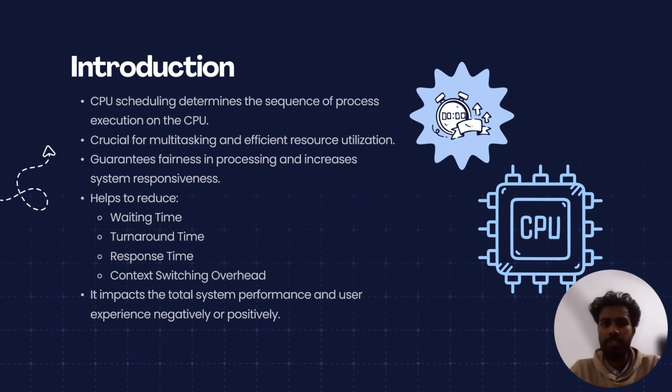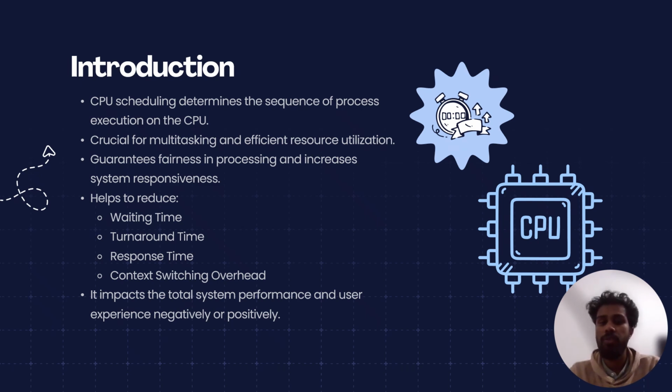Here is the introduction. Scheduling is a critical operating system function that determines which process to execute at a given time to ensure fairness, responsiveness, and minimal waiting. System performance is evaluated through metrics like waiting time, turnaround time, response time, throughput, and CPU utilization, all of which can suffer under poor scheduling.